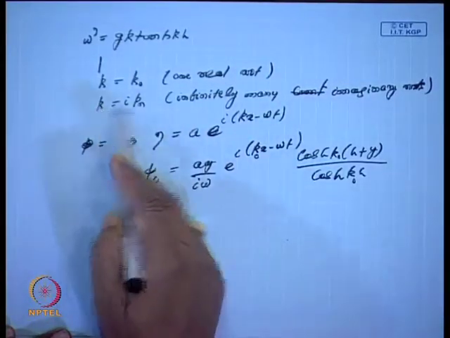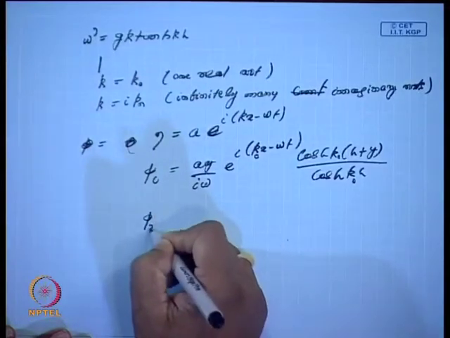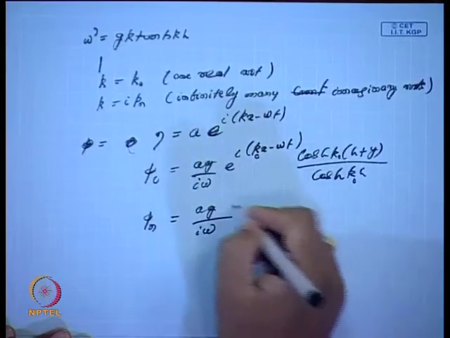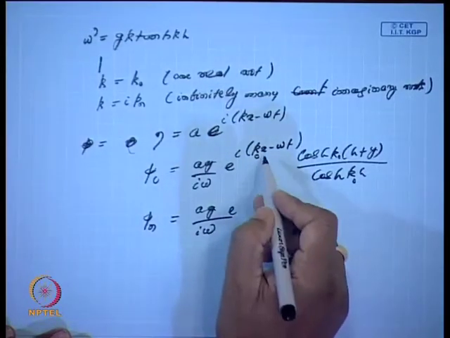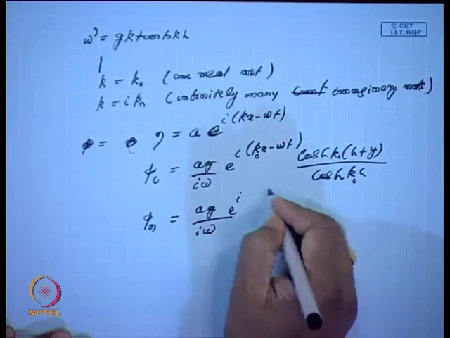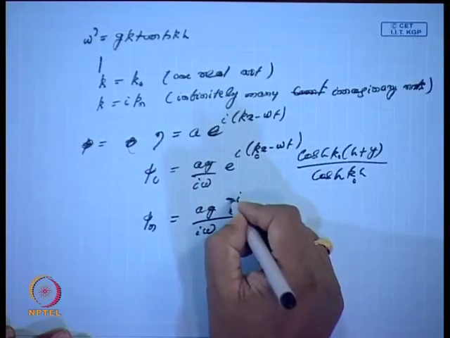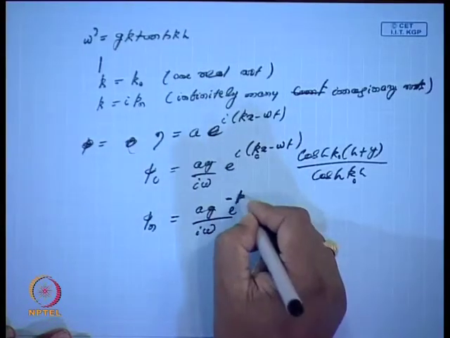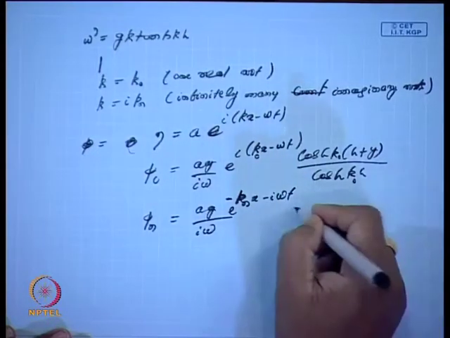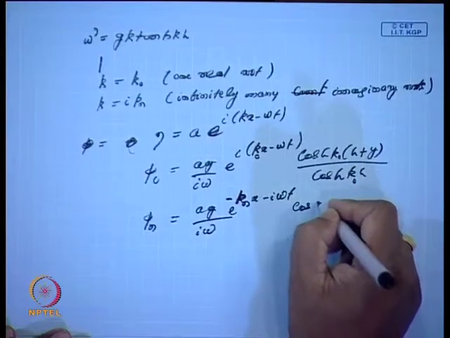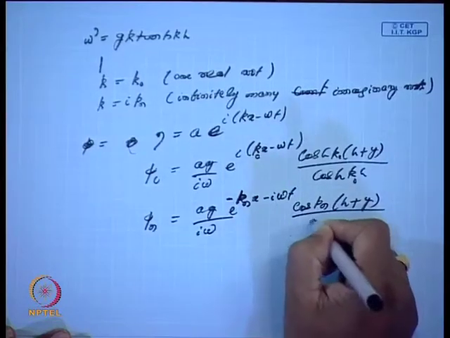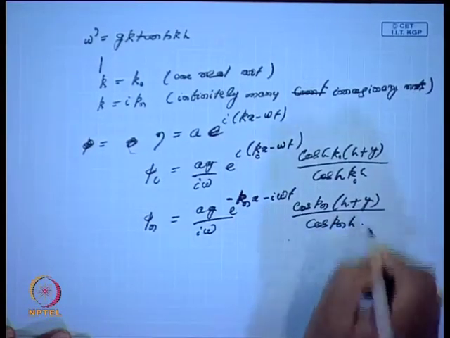And if I look at k is equal to i p n, then my phi n's will be of the form a g by i omega e to the power, I take x as 0, then I can have i times i k n, so that will give minus k n x, minus p n x minus i omega t, and then this will give me cos p n (h plus y) divided by cos p n h.